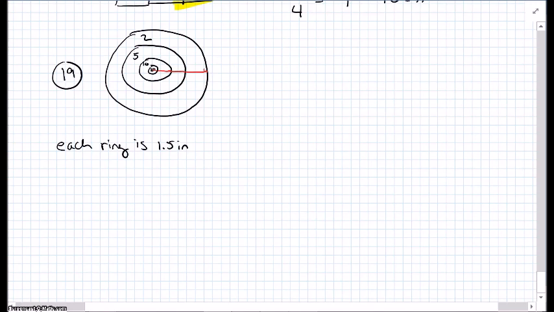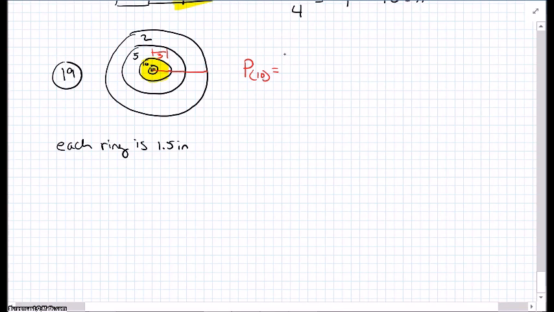So we need to find that we'll score at least 10 points. So where will we score at least 10 points? Inside this circle that says 10 and that circle that says 20. So that distance right there would be 1.5 times 2. So the radius of that one is 3. So we want to find the probability of at least 10 points.